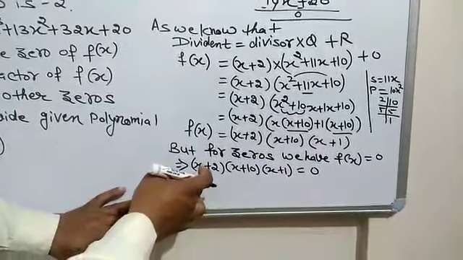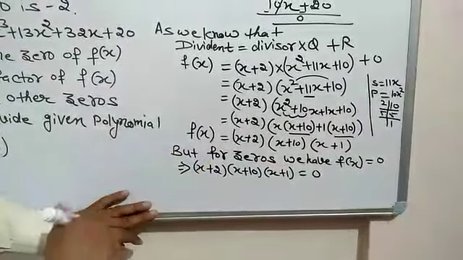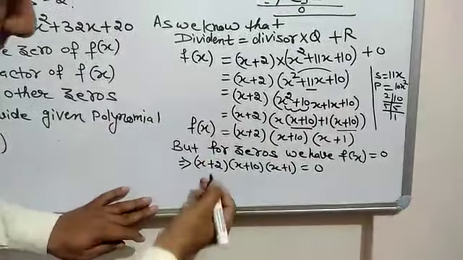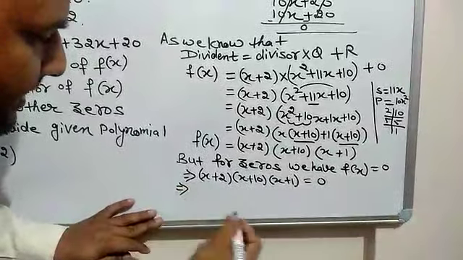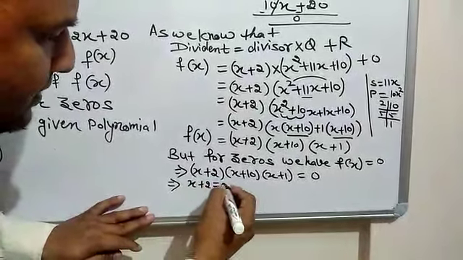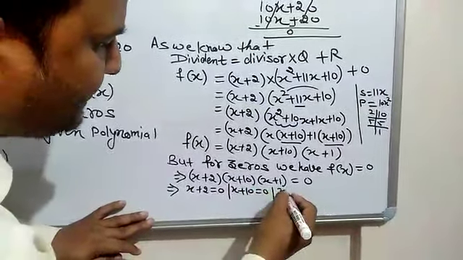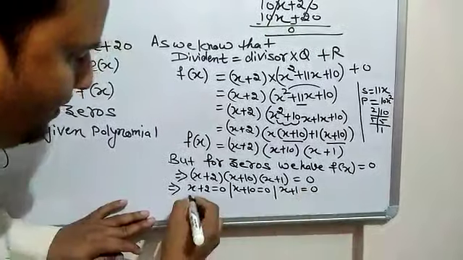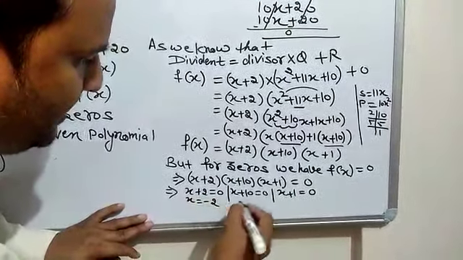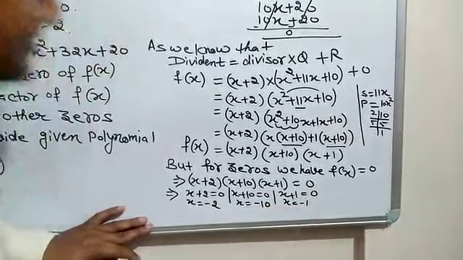If we do not solve this, that is our choice, because one zero, that is minus 2, is already given to us. But if we solve this, it is not a big issue. So let us solve this as well. x plus 2 equals 0, x plus 10 equals 0, x plus 1 equals 0. On solving, x equals minus 2, x equals minus 10, and x equals minus 1.